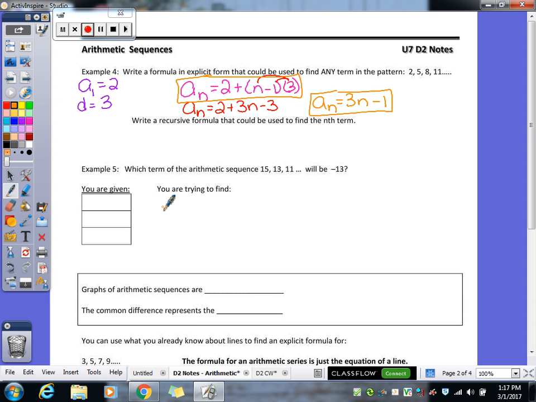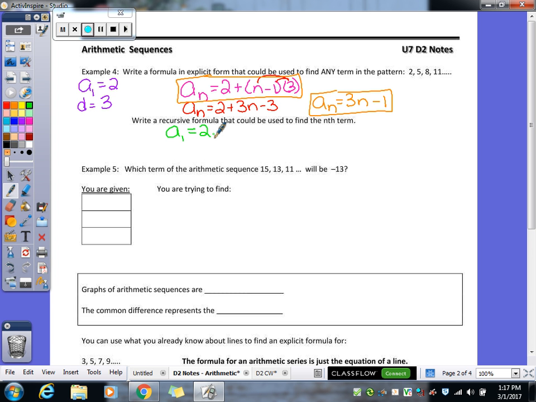So then part B wants us to write a recursive formula that can be used to find the nth term. So with our recursive formulas, we always have to write what our first term is. So I'll put that first. Our a sub 1 equals 2. And then we have to remind ourselves, what are we doing to get from one number to the next? Adding 3.